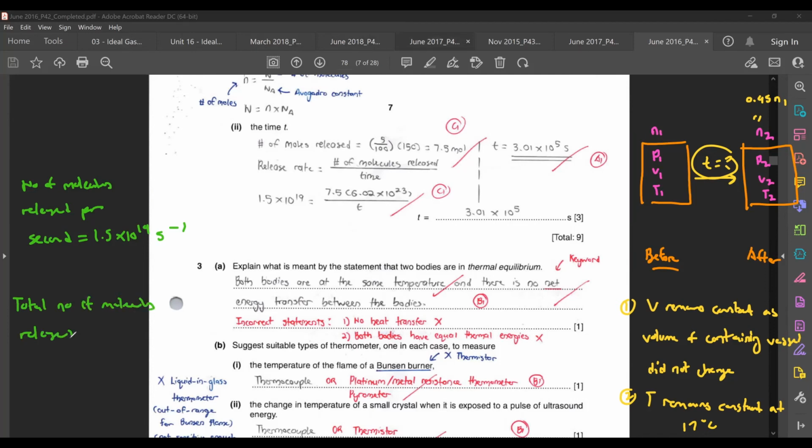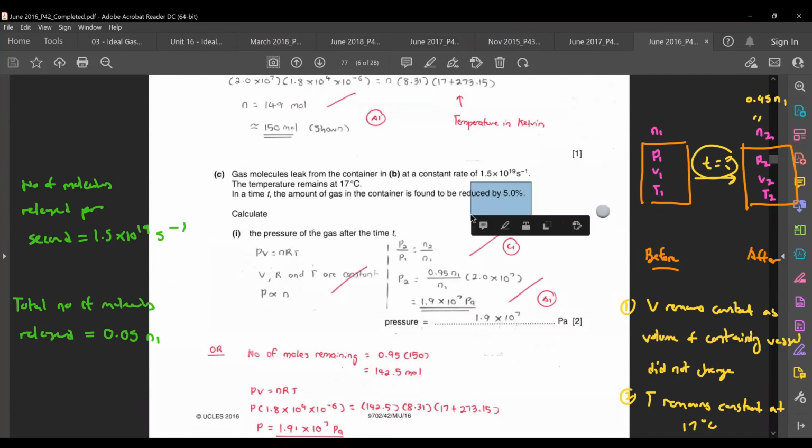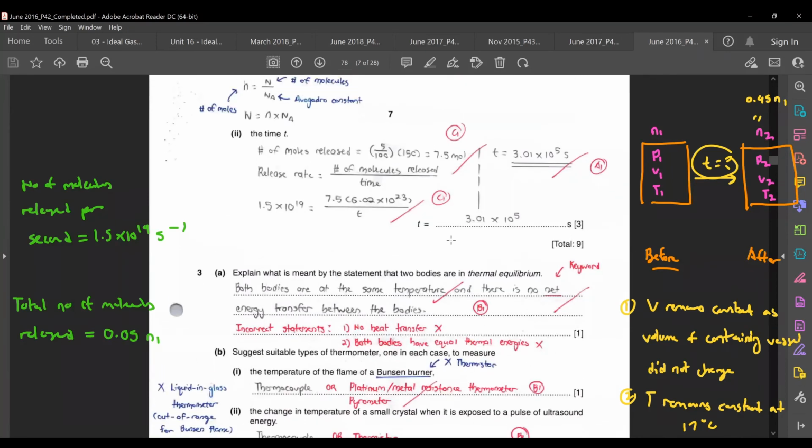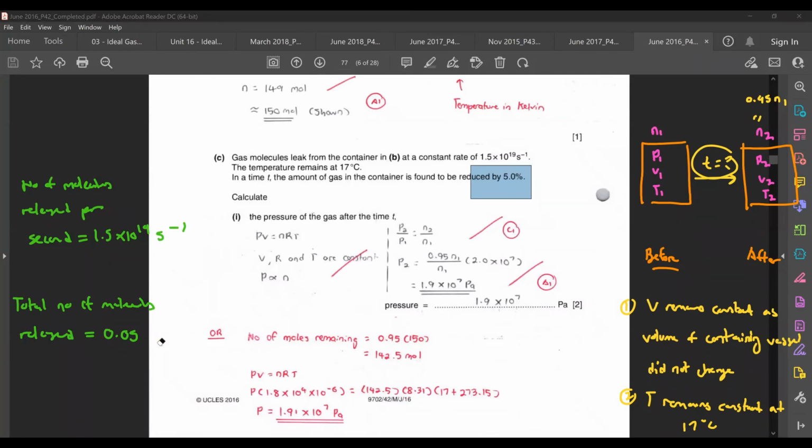You can find the total number first, which you know is going to be 0.05 of N1, because they told you that 5% of your gas molecules has been released, or rather 5% of your number of moles has been released.